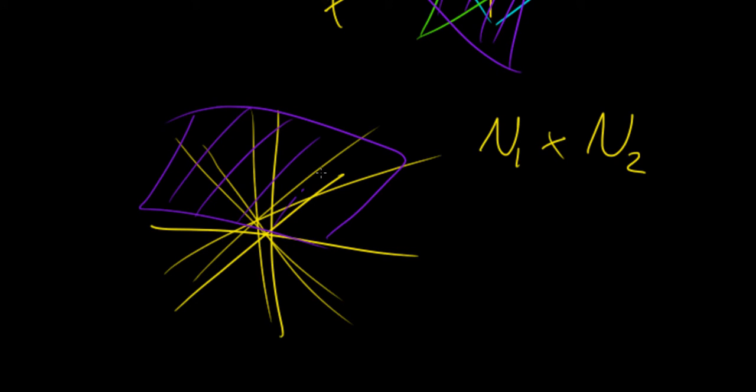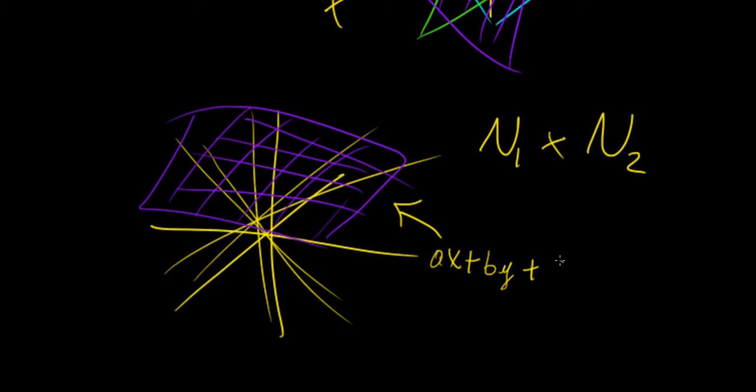So a hyperplane is essentially a plane that exists in higher dimensions. So, for example, a plane that exists in 4 dimensions will actually have 4 variables. It will have ax plus by plus cz plus dw equals some other constant e. So this is the equation for a plane in 4 dimensions.